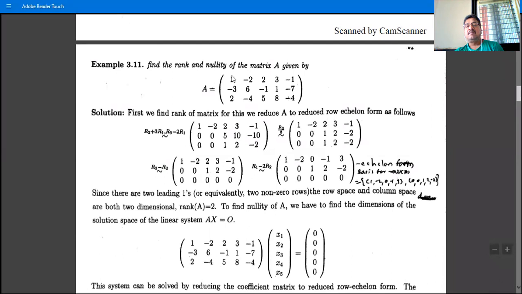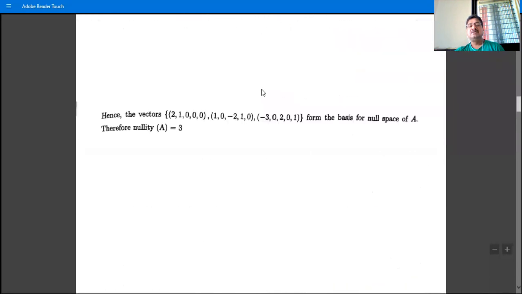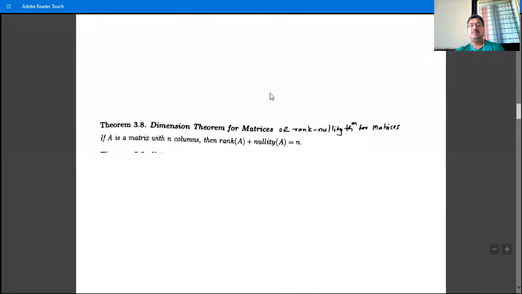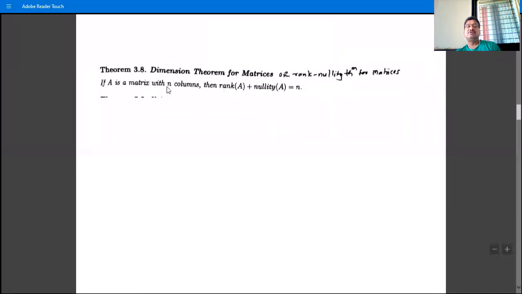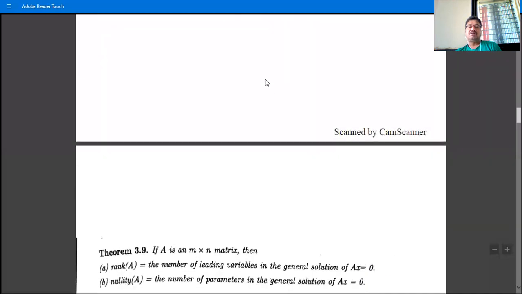This matrix A has rank 2 and nullity 3, and this matrix has 5 columns. So rank of A plus nullity of A is equal to 5, the number of columns in the matrix. This is the very famous rank nullity theorem, also called the dimension theorem for matrices.